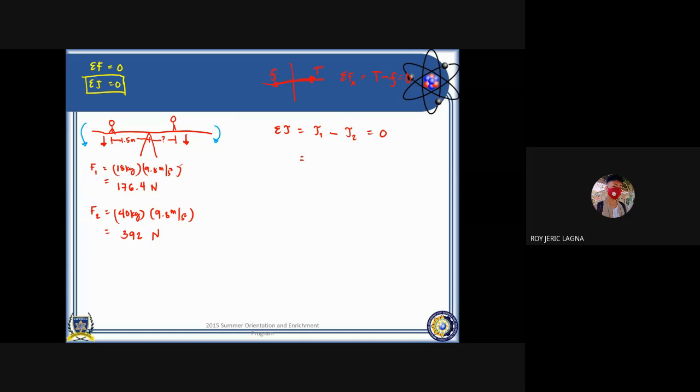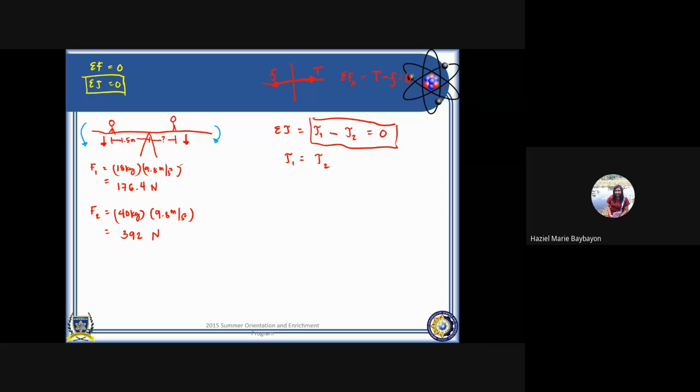Okay, now let us focus on this one. From here, you can see that T1 is just equal to T2. Torque 1 is equal to torque 2, transferring it to the right-hand side so T2 becomes positive.